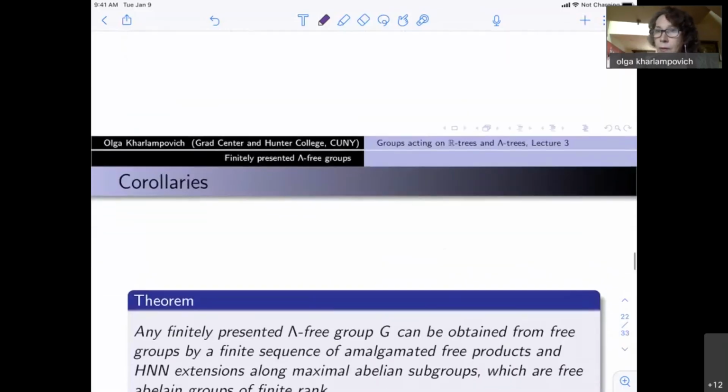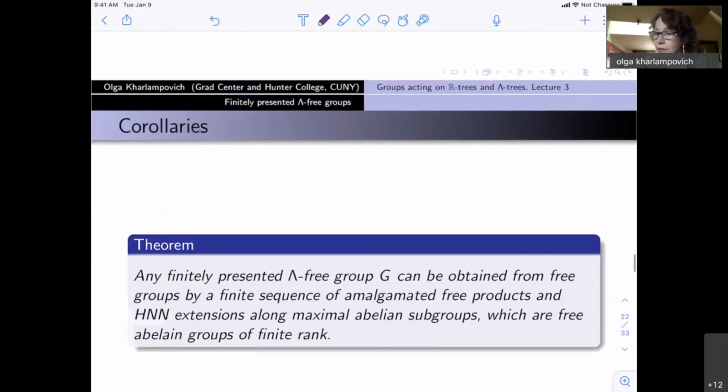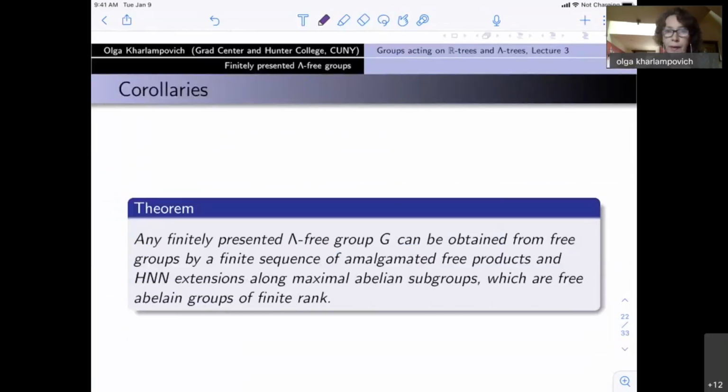And now we mention some corollaries. Since a finitely presented Lambda-free group is a subgroup of that chain, using Bass-Serre theory about subgroups, we can say that any finitely presented Lambda-free group can be obtained from free groups by a finite sequence of amalgamated free products and HNN extensions along maximal abelian subgroups, which are free abelian groups of finite rank.